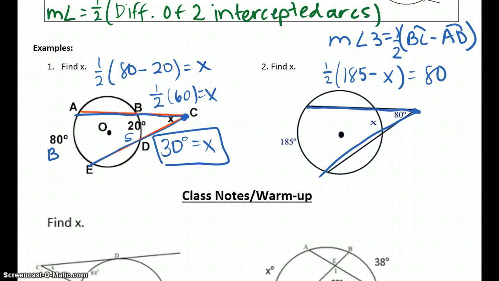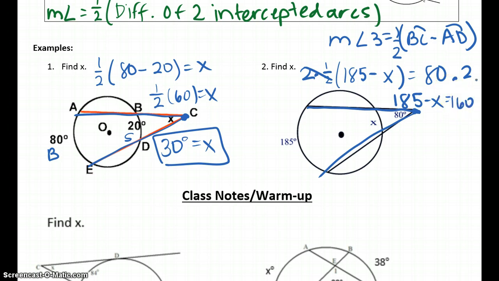What I suggest you do first is to get rid of that fraction so we don't have to deal with that. So to cancel a fraction, I'm going to multiply by a reciprocal, and the reciprocal of 1/2 is 2. So now I have 185 minus x equals 80 times 2, and 80 times 2 is 160.